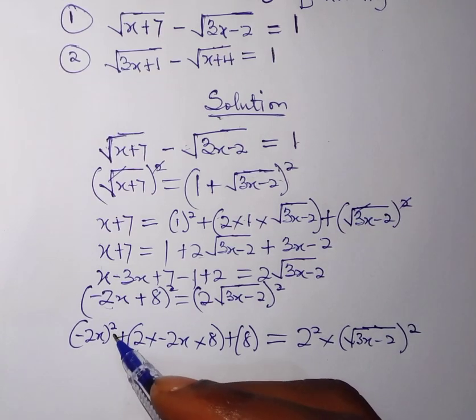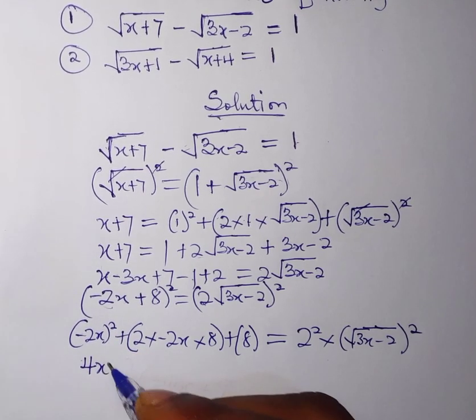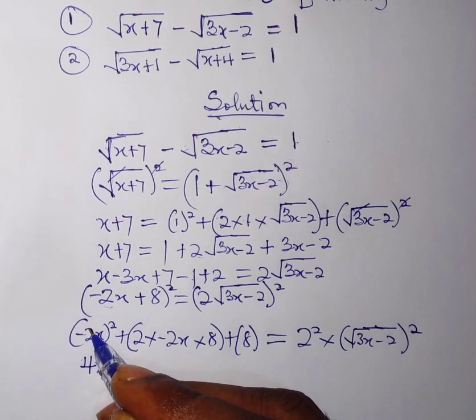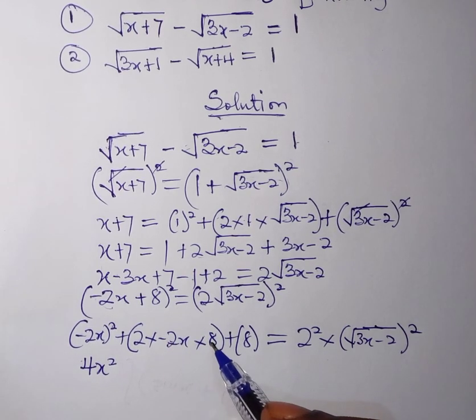Good. So if you are squaring this, then I'm going to get 4x squared, because the square will affect all of them. It will affect this 4 and then affect this. Now let me multiply this. So 2 times this. Okay, 2 times negative 2x gives me what? Negative 4x. Negative 4x times 8 gives me what?